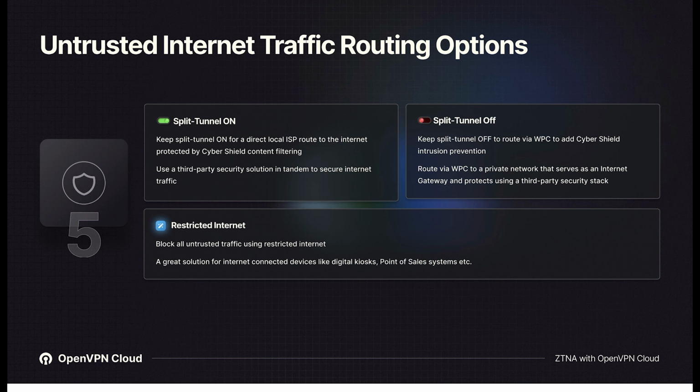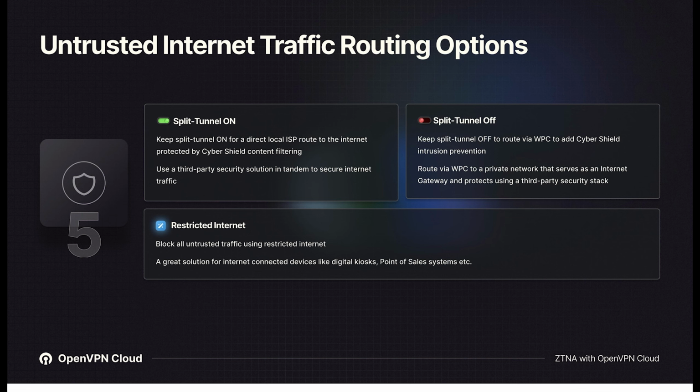Split tunnel on is the default value for the internet access setting associated, again, with the user groups, networks, and/or hosts. With split tunnel on, only configured private or public applications and IP services traffic will go through the WPC.